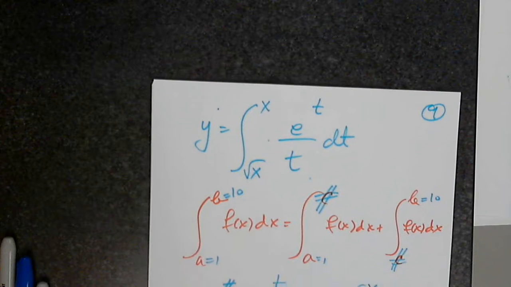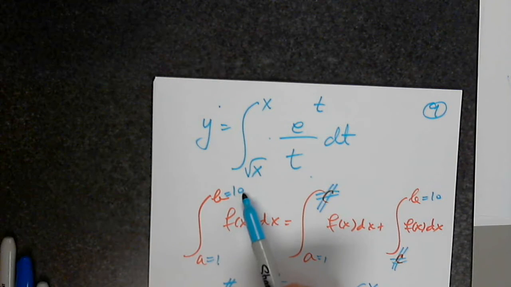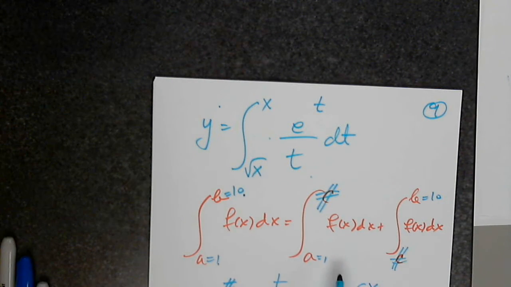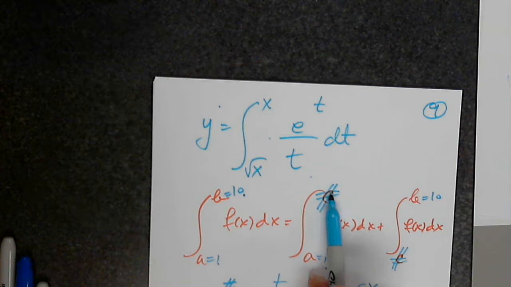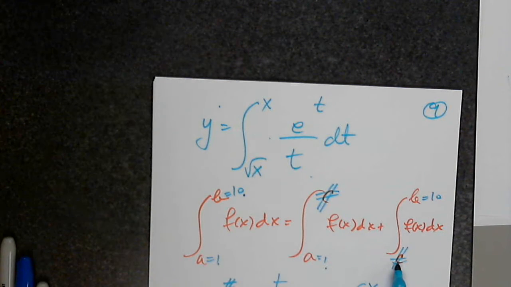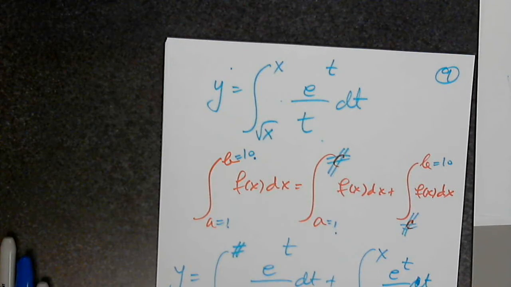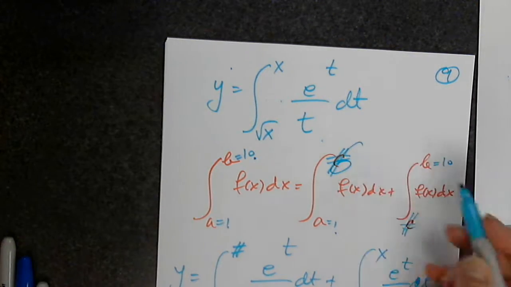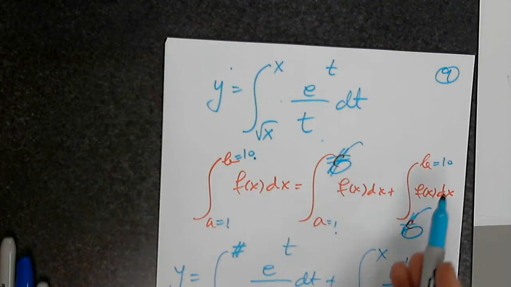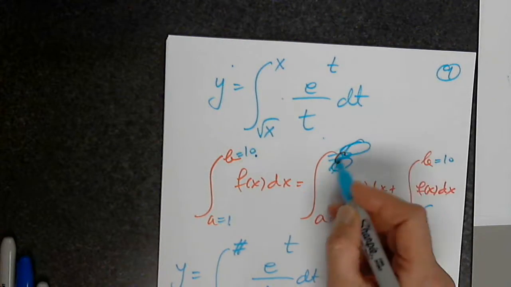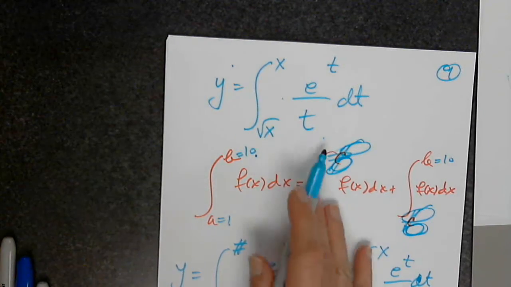Okay, if the integral is from 1 to 10, I can split it from 1 to whatever you want between 1 and 10, and continue from the same point to 10. I can use 6: 1 to 6, 6 to 10. I can use 8: 1 to 8, 8 to 10.